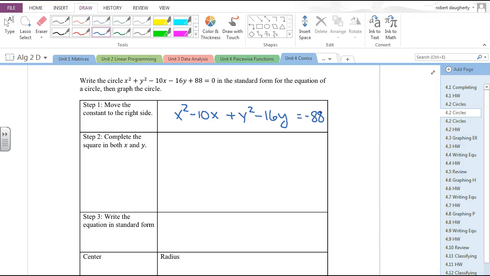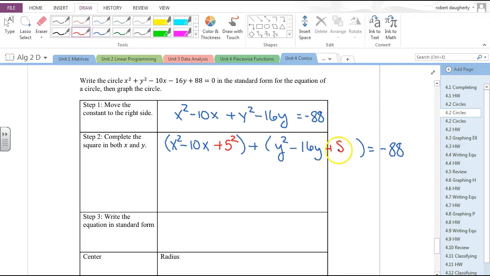So I'm going to rewrite this as x squared minus 10x, and I'm going to leave some space there, plus y squared minus 16y, again leave some space, negative 88. What's half of 10? 5. And what I'm going to add here is 5 squared. What's half of 16? 8. So I'm going to add 8 squared.